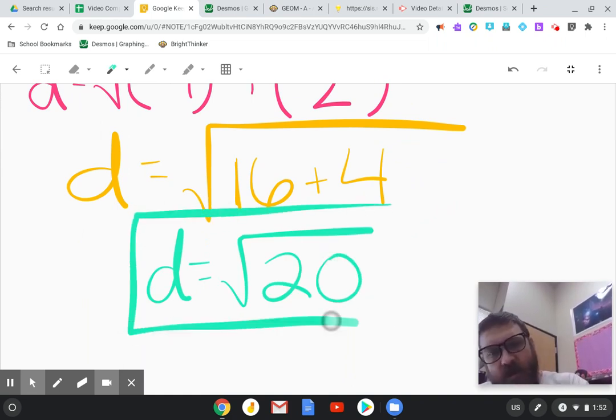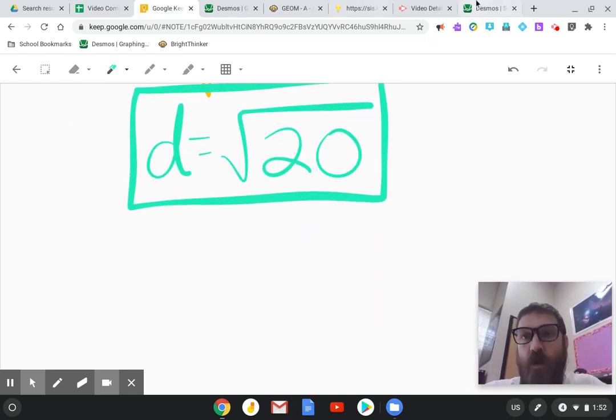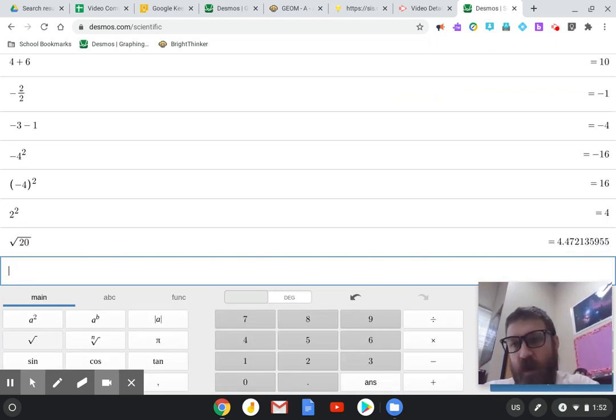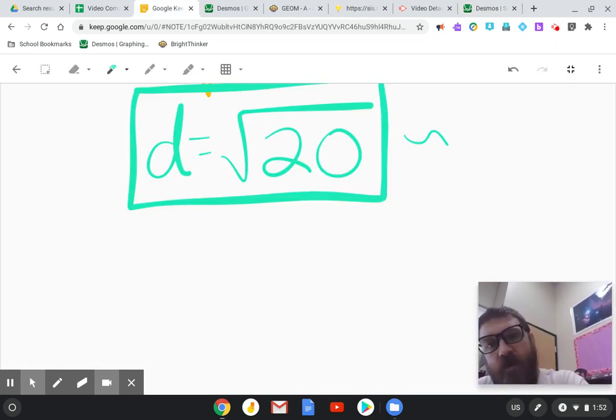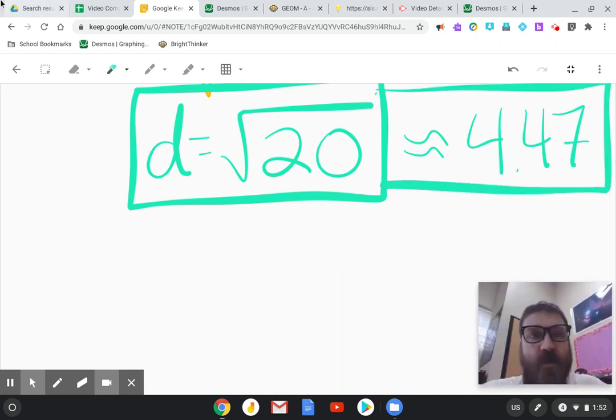Now, 20 is not a perfect square. So you could leave the answer as square root of 20, or you can come over here to Desmos and do the square root of 20, or your own calculator, which is about 4.47. So we'll say that equals about 4.47. So either of those are good answers.